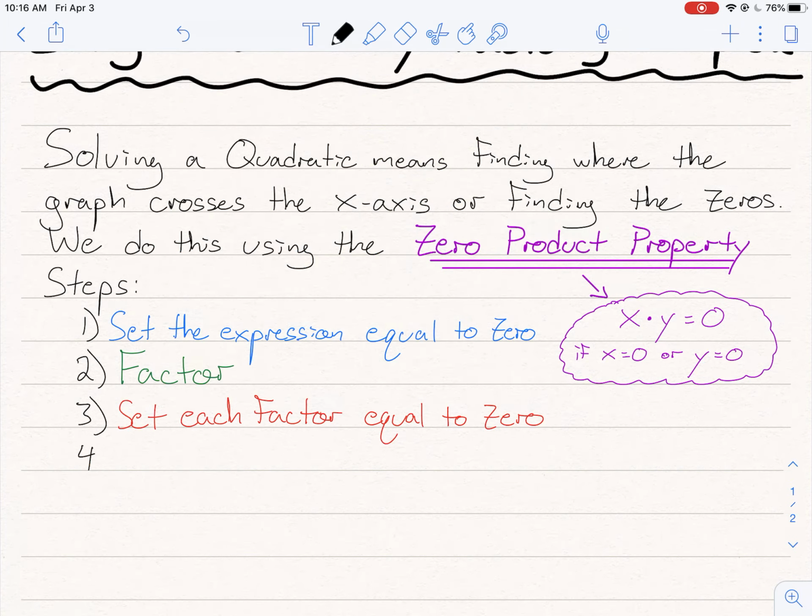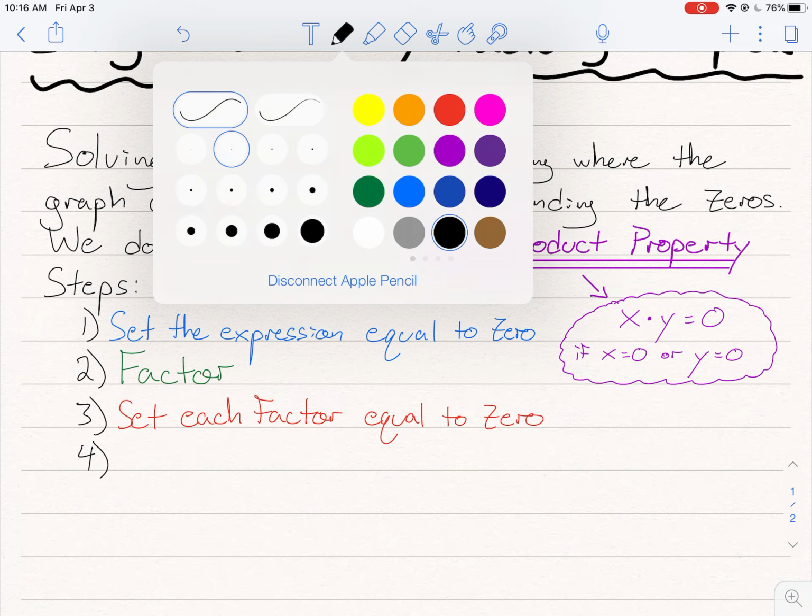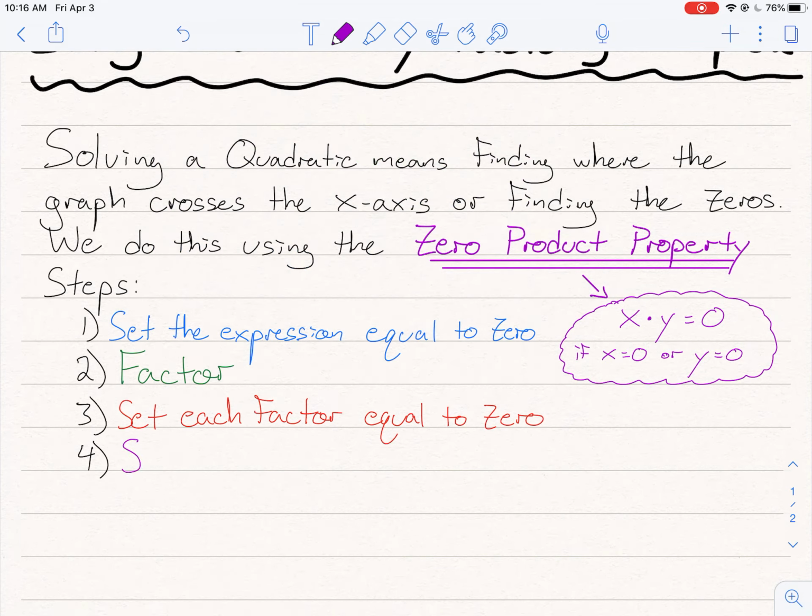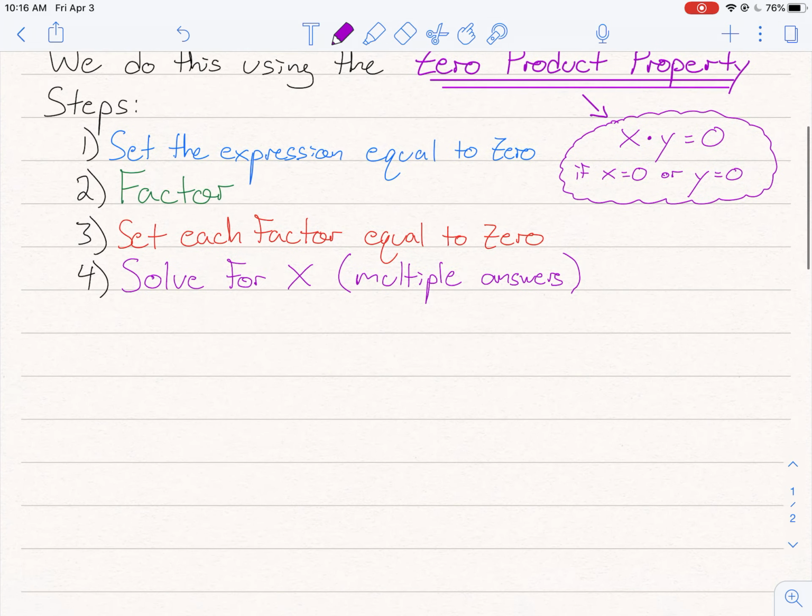And then the fourth and final step is going to be to solve for x. And when you do that, you might have multiple answers. More than likely, you will have multiple answers. So let's look at a couple examples.